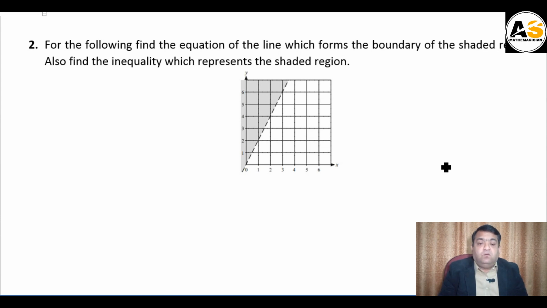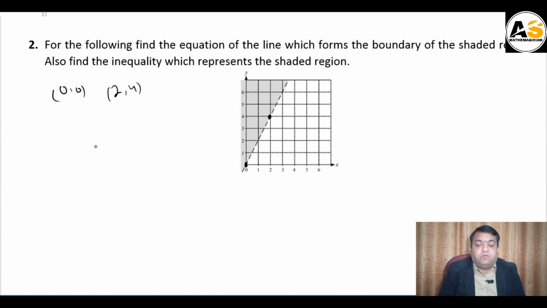For the following, find the equation of the line which forms the boundary of the shaded region. You see, this line has two very prominent points. I am taking 0, 0 and 2, 4. This is x is equal to 2, y is equal to 4.